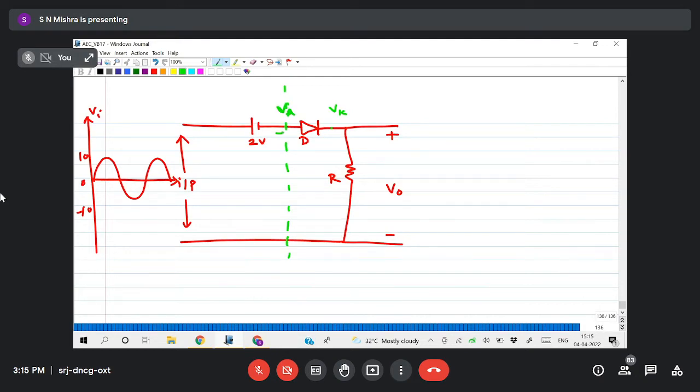With respect to ground. So plus minus, this is V, I can write like this. This point with respect to ground is Va. So this and this I am taking, and with respect to Va I have written. That means from here to here this is Va. Understood?